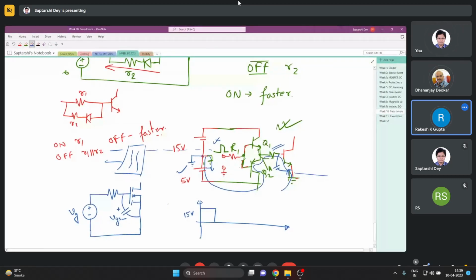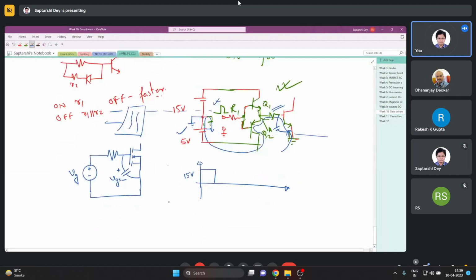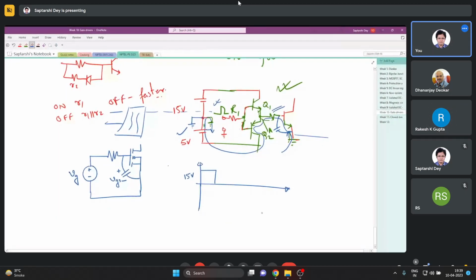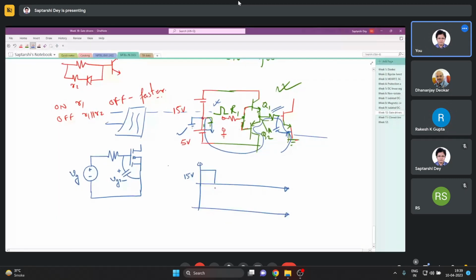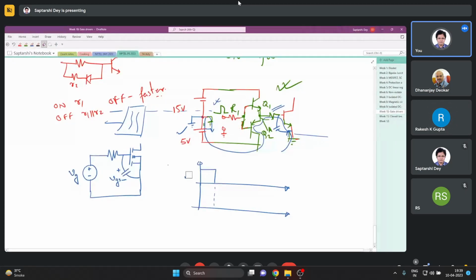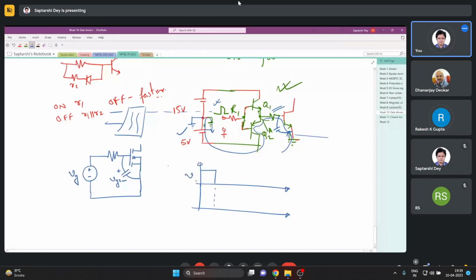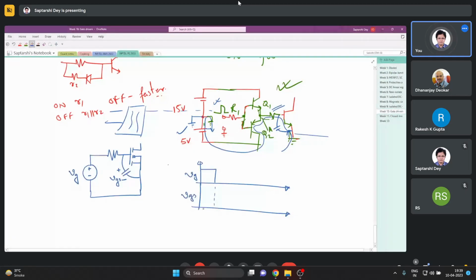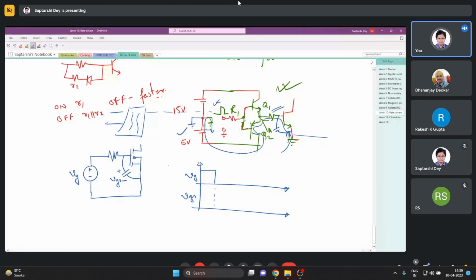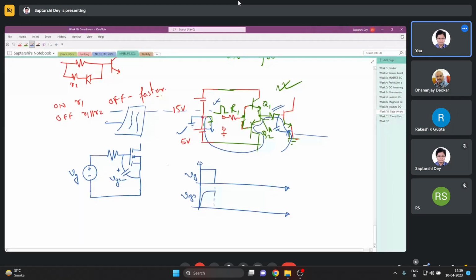If I look at this circuit, this is nothing but an RC circuit. So VGS will charge like this, even faster, much faster.